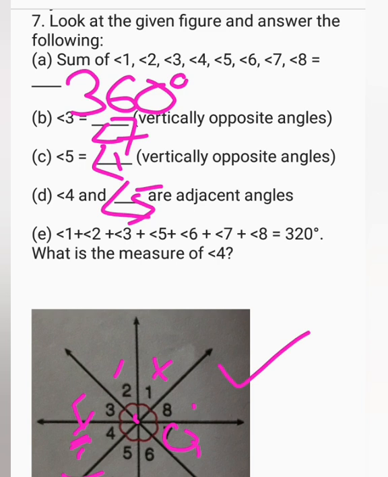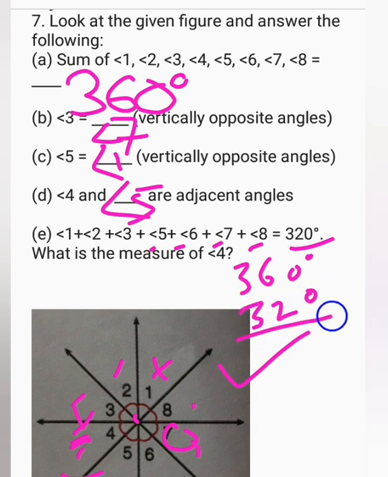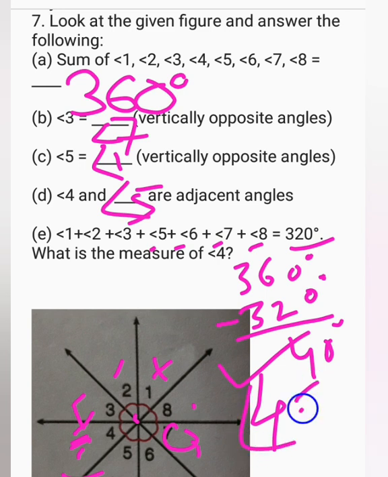Now next question, angle 1 plus angle 2 plus angle 3 plus angle 5 plus angle 6 plus angle 7 plus angle 8 equals 320 degree. Total is 360. So the measure of angle 4 is 360 minus 320 equals 40 degree.